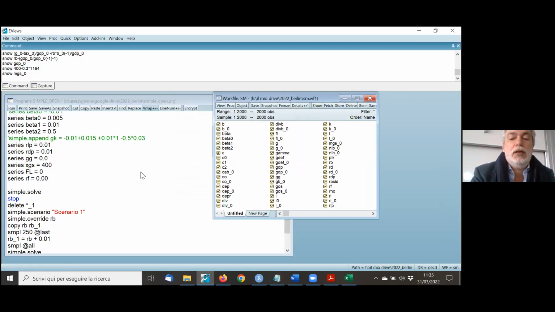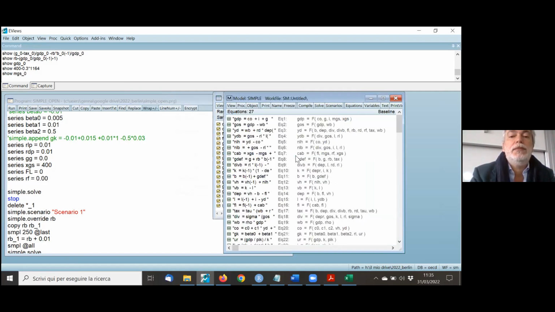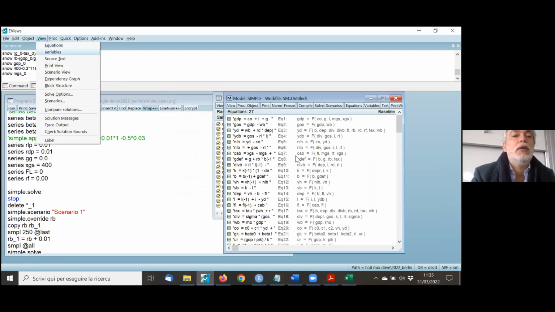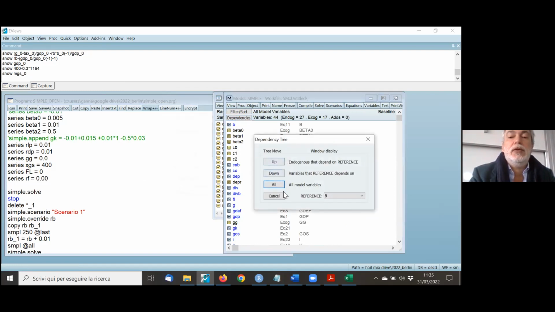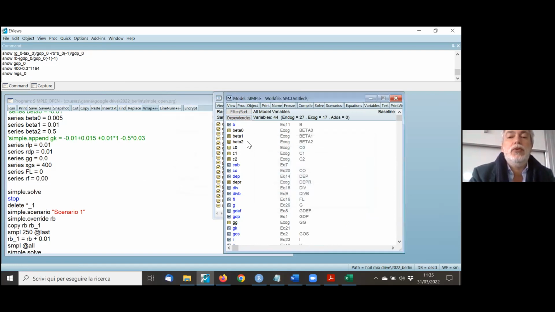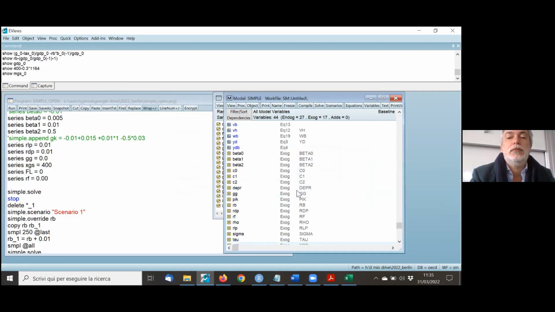And let's look at the model. So let's see whether we have something to be endogenized. So now our exogenous are the parameters we had at the beginning, the growth rate in government expenditure.